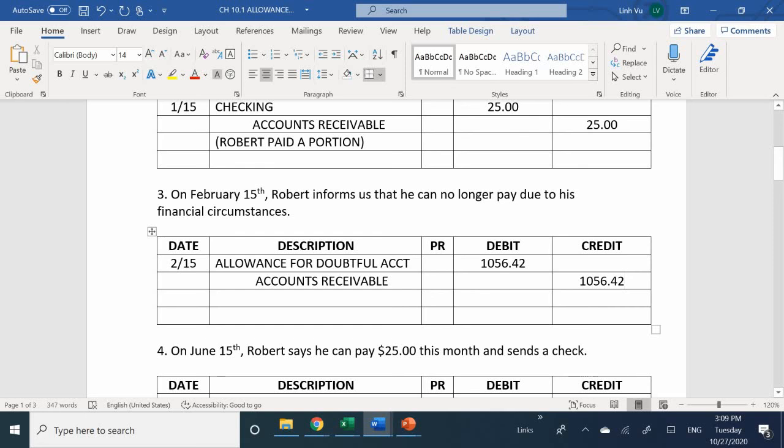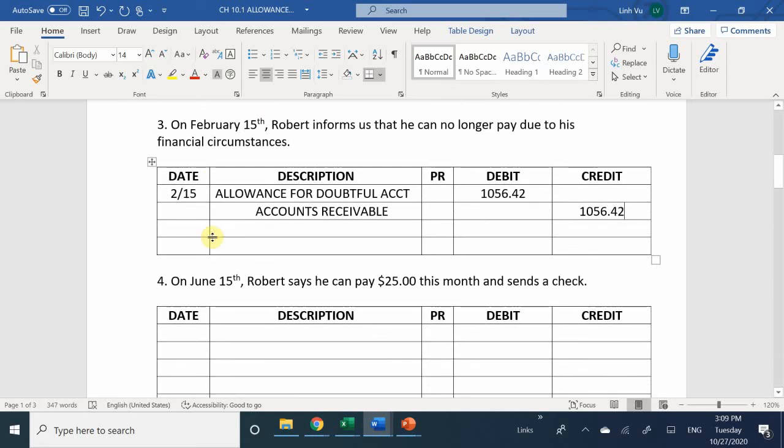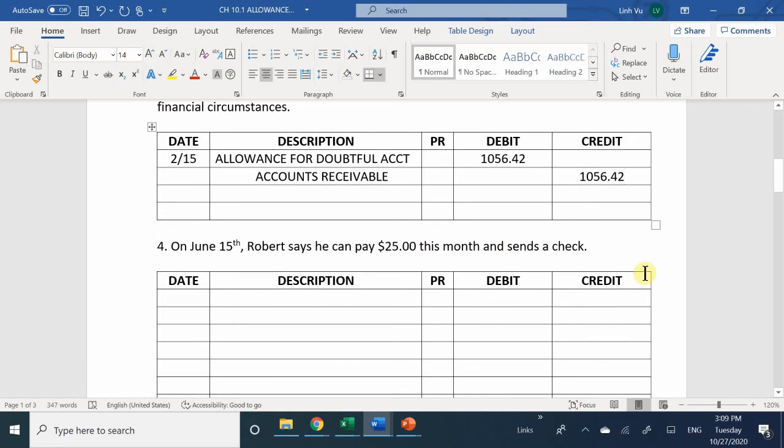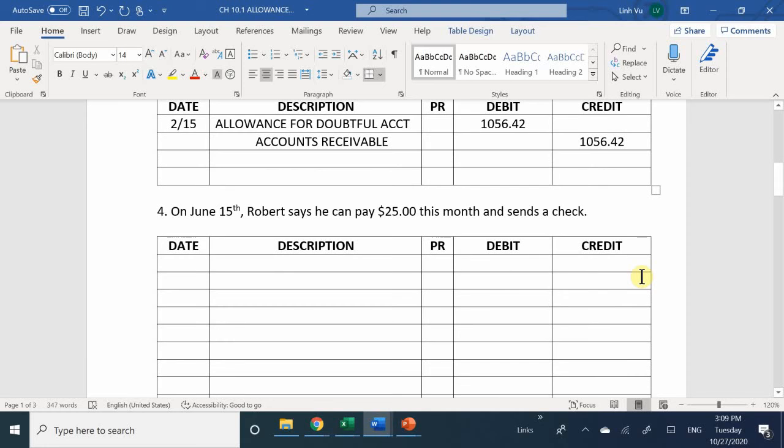So then a couple months later, on June 15, Robert says he can pay $25 this month and sends another check. So what do we have to do here? Right now, it's in another account.